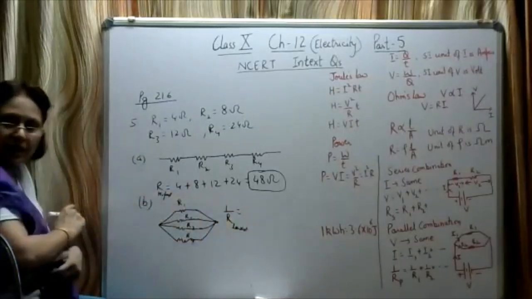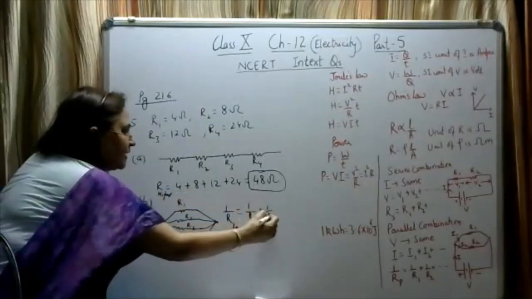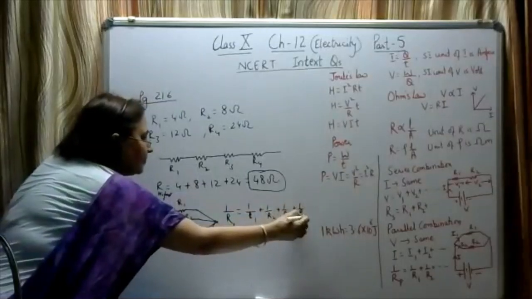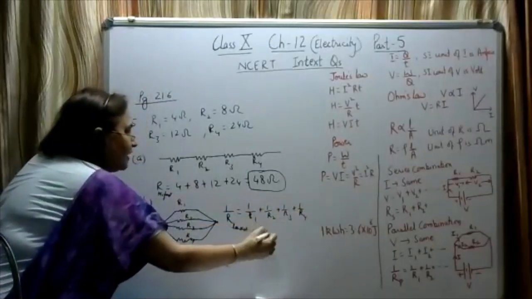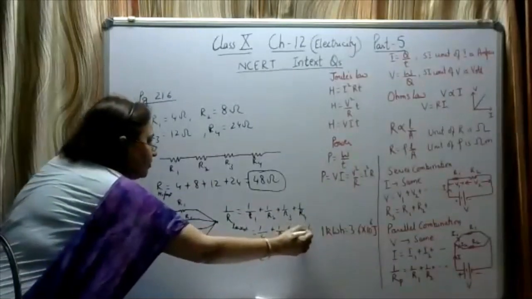So 1 upon R equivalent is equal to 1 by R1 plus 1 by R2 plus 1 by R3 plus 1 by R4. Substituting 1 upon 4 plus 1 by 8 plus 1 by 12 plus 1 upon 24.